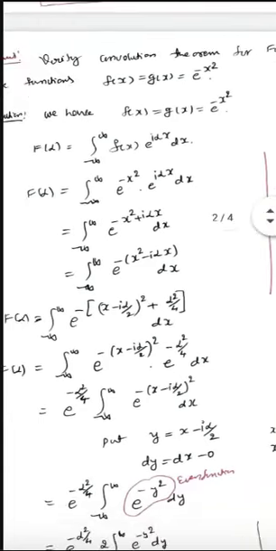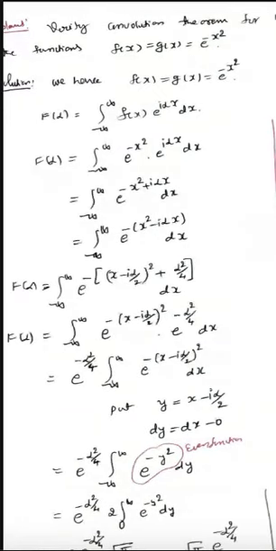Continuing, you multiply by the minus sign, so that e^(-(x - i alpha/2)^2) times e^(-alpha^2/4). e^(-alpha^2/4) is a constant value: alpha is constant, 4 is constant, e is constant, so you can take it outside from the integration, leaving e^(-(x - i alpha/2)^2) dx.